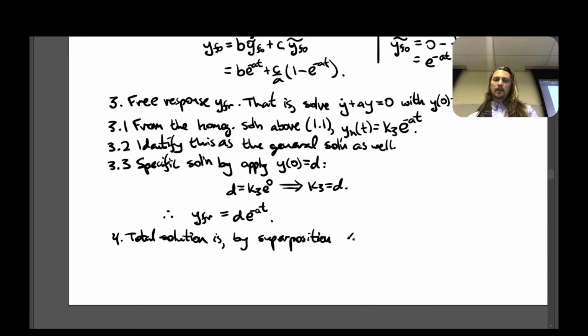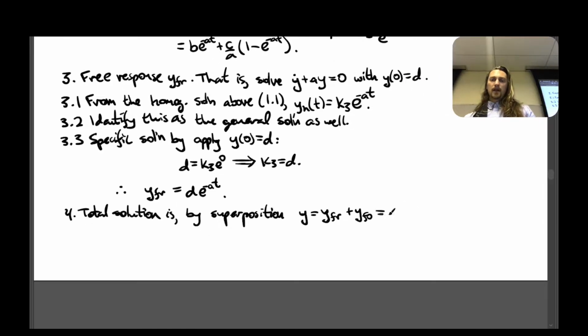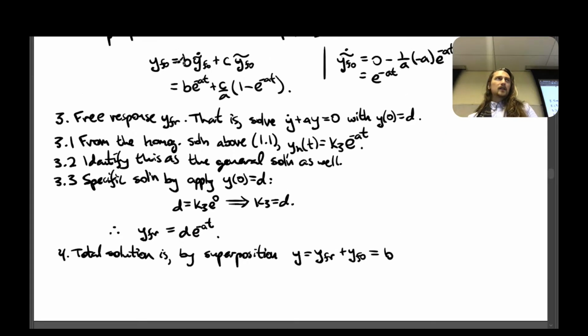That it is just y equals the free response plus the forced response, which, just directly plugging in, are b, so this is the forced response, well, we'll do the free response first, d e to the minus at plus b e to the minus at plus c over a times 1 minus e to the minus at.